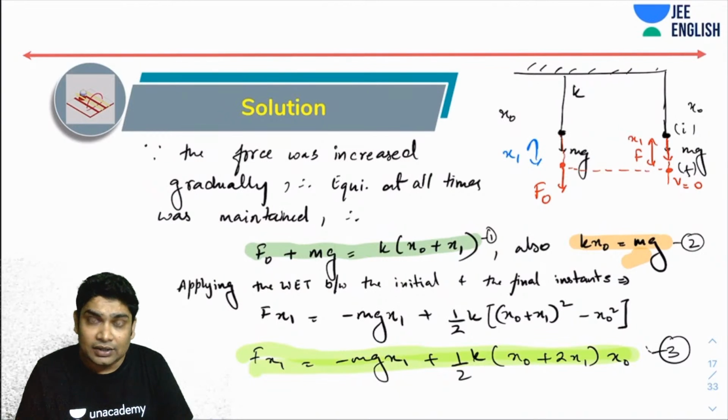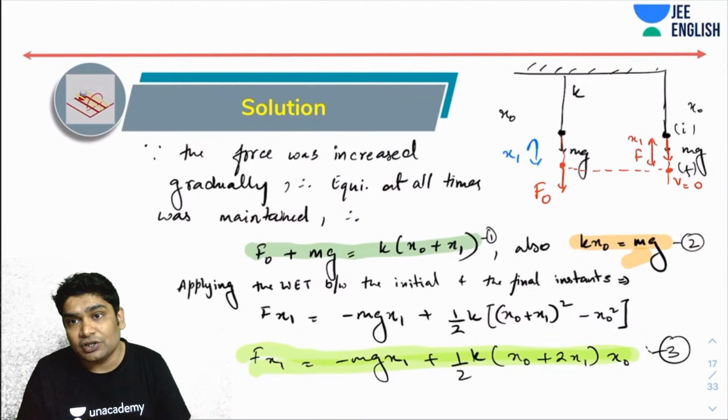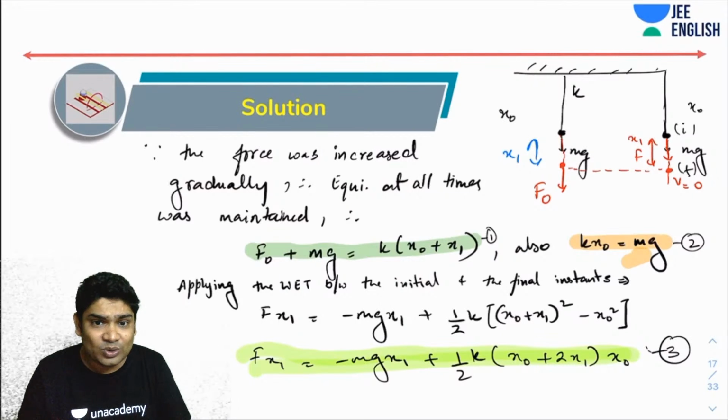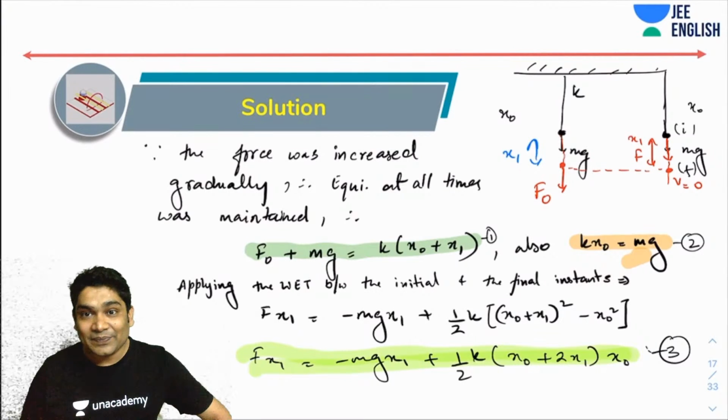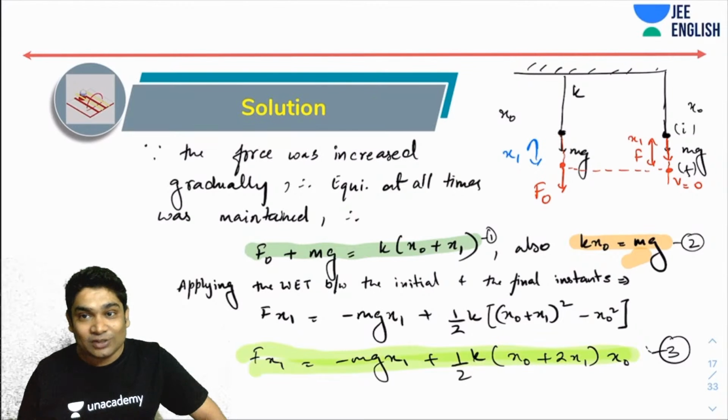This should have been equal to the loss of potential energy, which would be minus mg x1, which is also fine, and the change in potential energy of the spring. Initially the spring had a potential energy of half k x naught square, finally half k (x naught plus x1) whole square. So it is not wrongly written. It is absolutely fine. Nothing is wrong about this.